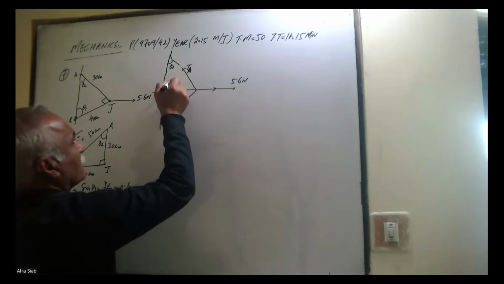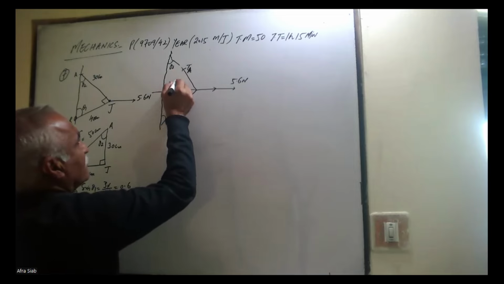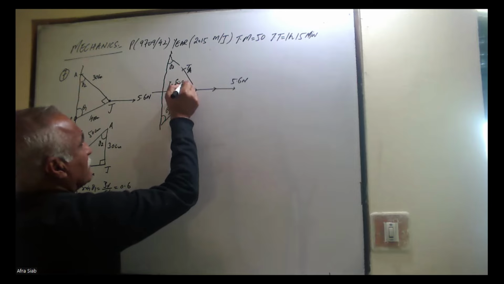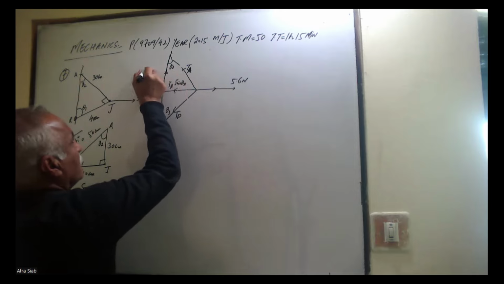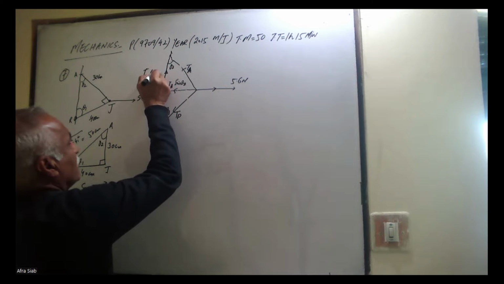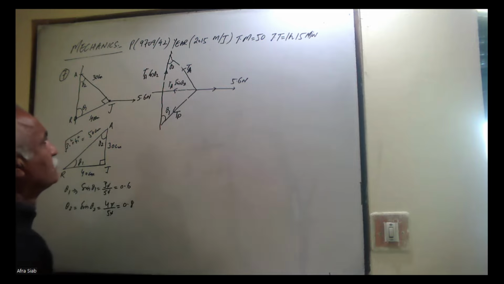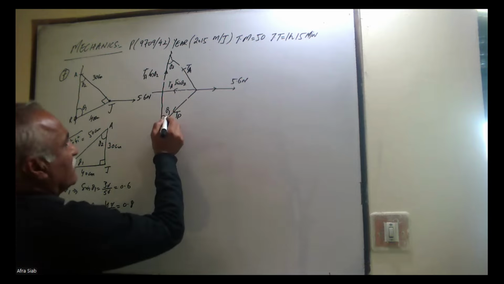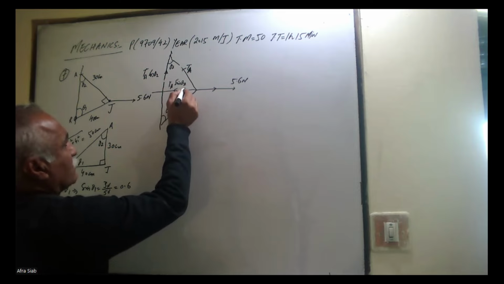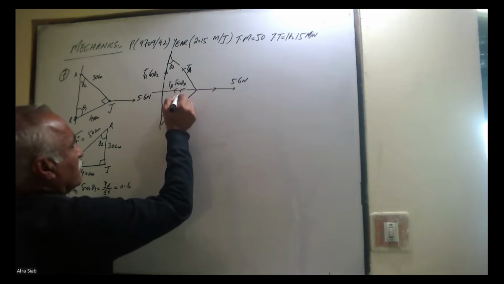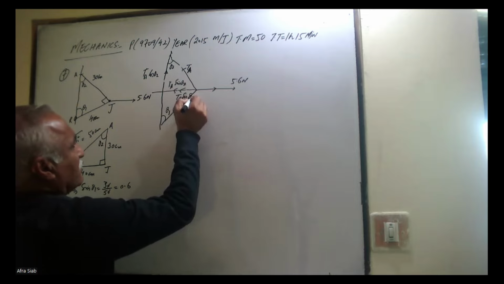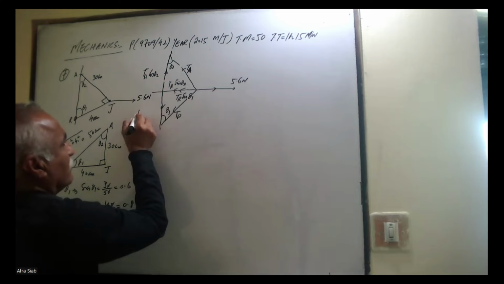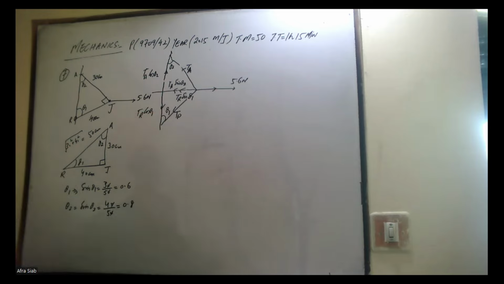So according to this, it is perpendicular, so it is TA sine theta 2, and this will be TA cos theta 2. Similarly, this angle is theta 1, so this component will become TR sine of theta 1, and this component will become TR cos of theta 1.